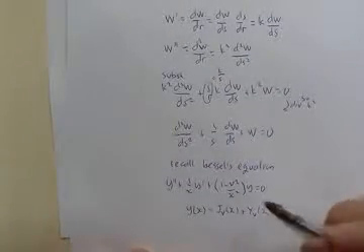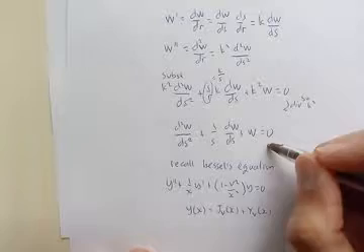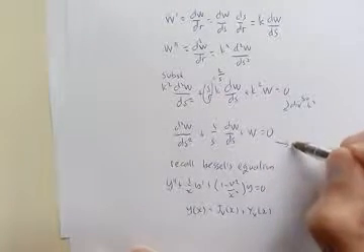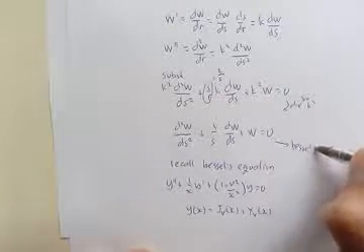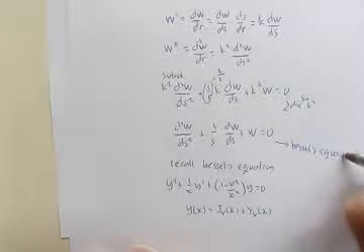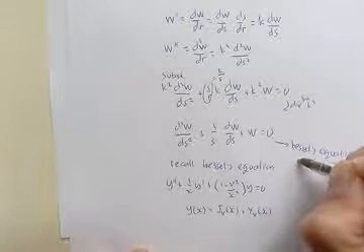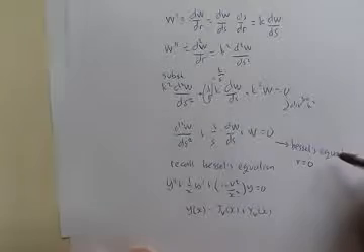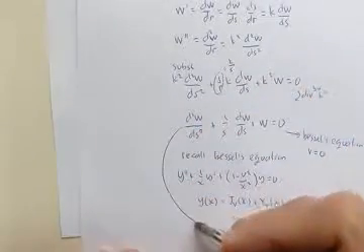So when we compare this equation to this, we have actually the Bessel equation with v equal to 0.